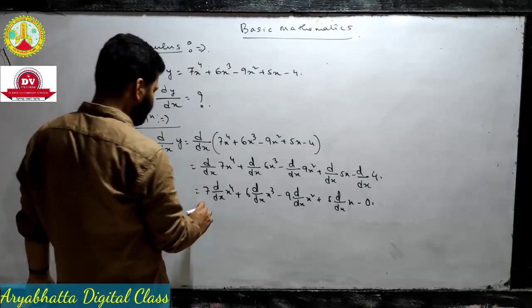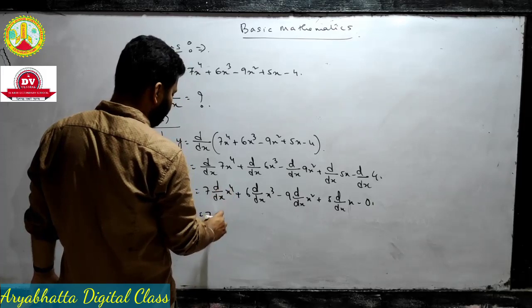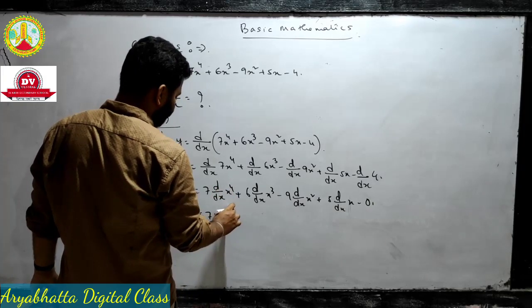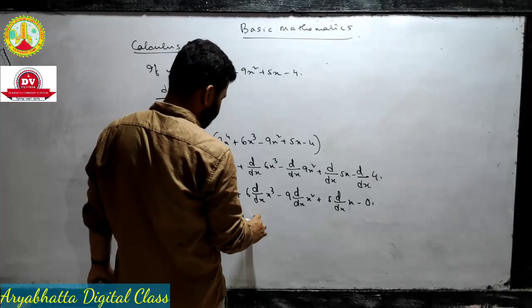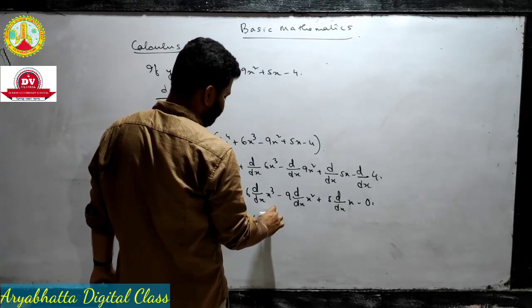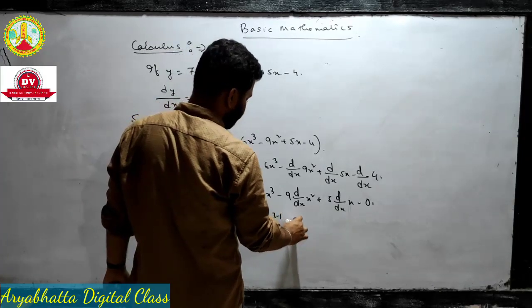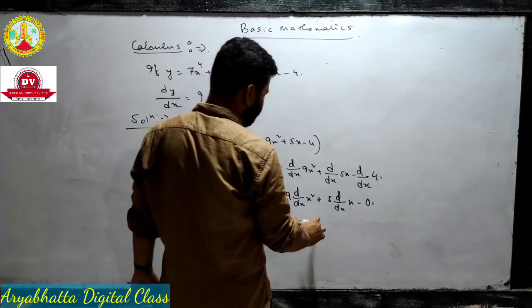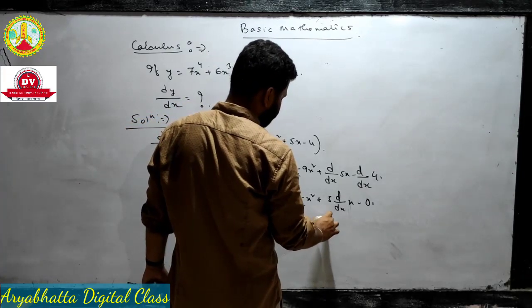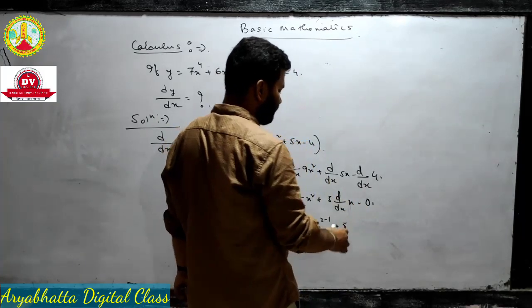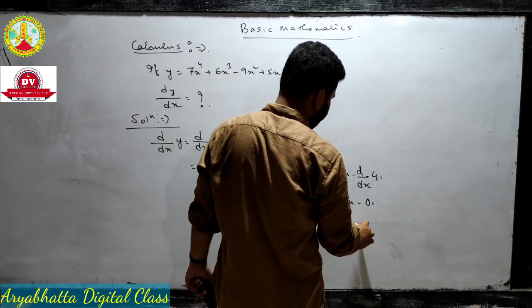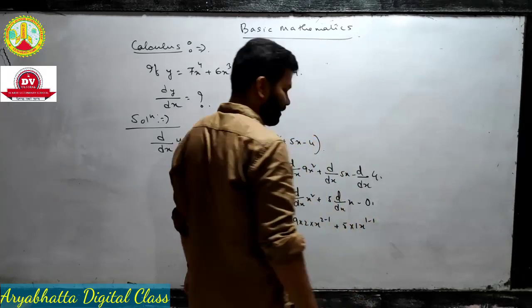Now this is 7. What is the value of n? 4. x to the power 3, which is 4 minus 1, plus 6 into 3 x to the power 3 minus 1, minus 9 into 2 x to the power 2 minus 1, plus 5. What is the power of x here? 1. So it will be 1 x to the power 1 minus 1.